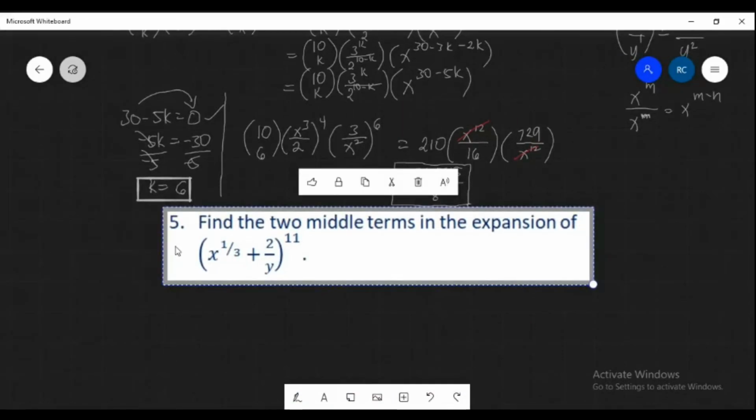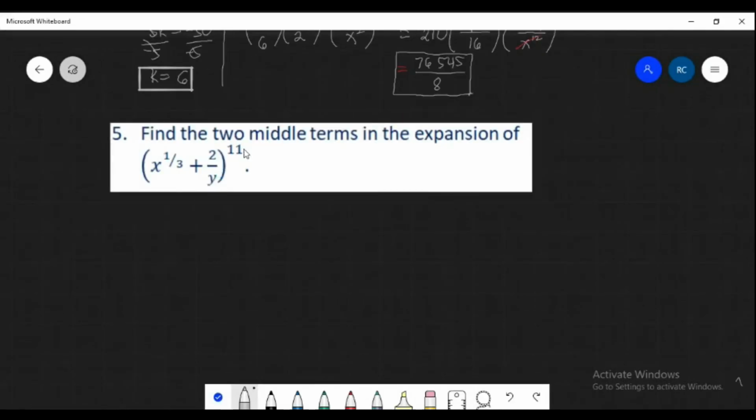Number 5. Find the two middle terms in the expansion of x raised to 1/3 plus 2 over y raised to 11. So, middle term. Nako, kapag add number, dalawa yung middle term. But the question is, anong term yun? So, yung formula is n plus 1 over 2 and n plus 1 over 2 plus 1.